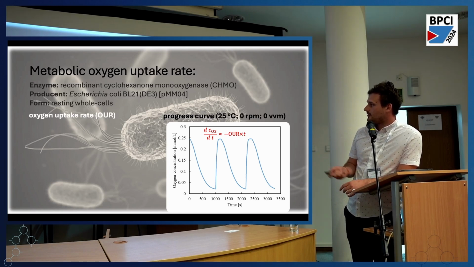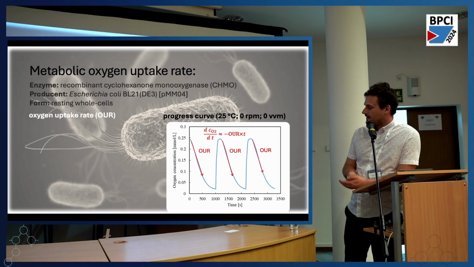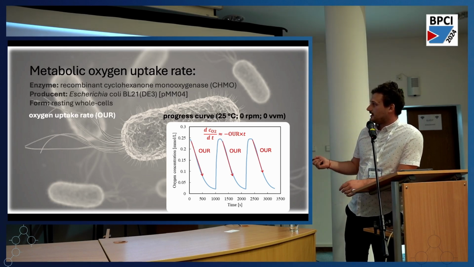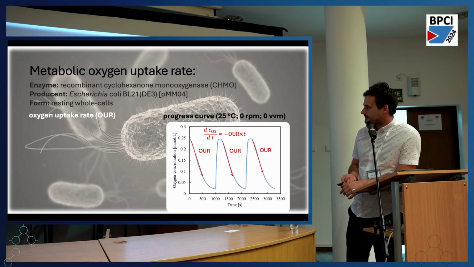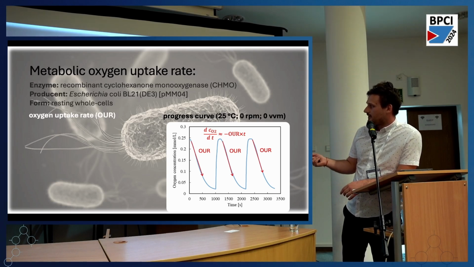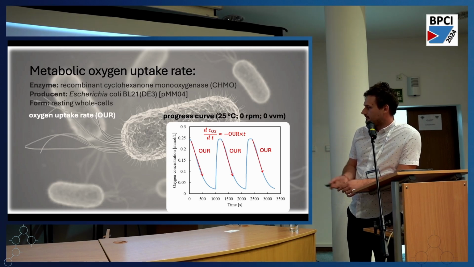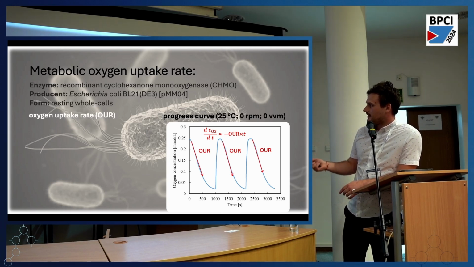Because of this knowledge, the oxygen uptake rate in metabolism was evaluated, adopting the initial reaction rate method. From the progress curve, the oxygen uptake rate was evaluated. Here we can see the decrease of the concentration of oxygen in time.